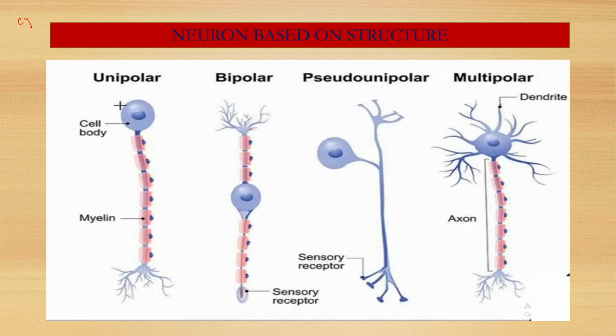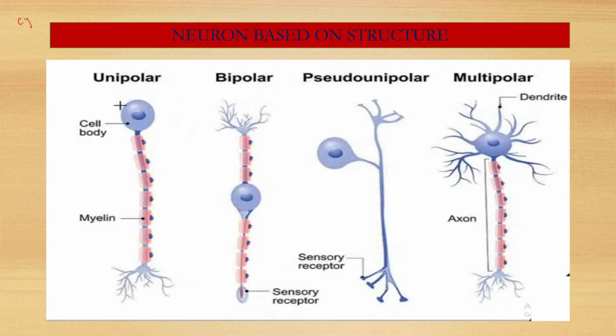Bipolar neuron means from a single cell body there arise two processes. Pseudo-unipolar means from the cell body there is a single projection, that is unipolar, but later on it may bifurcate to appear to be bipolar or multipolar.